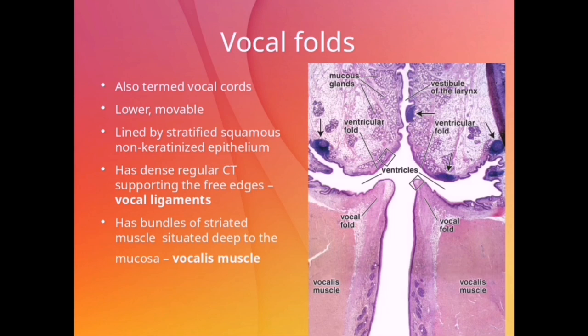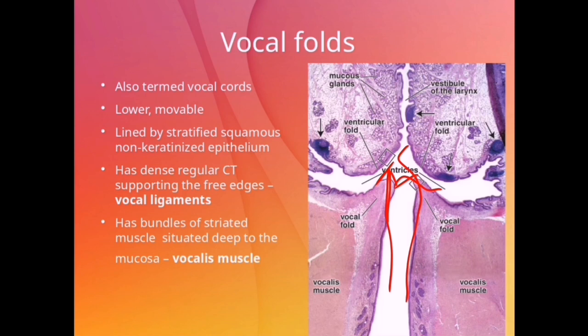These vocal folds are lined by a stratified squamous non-keratinized epithelium so that they can withstand the pressure of the air as it passes through. So remember, during phonation, air is to pass upwards, so the vocal folds have to withstand this air pressure. That's why they have stratified squamous non-keratinized epithelium.